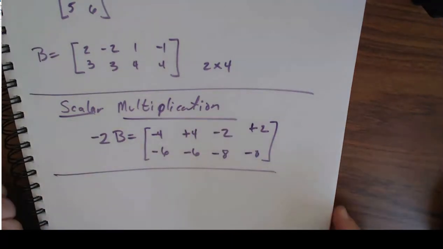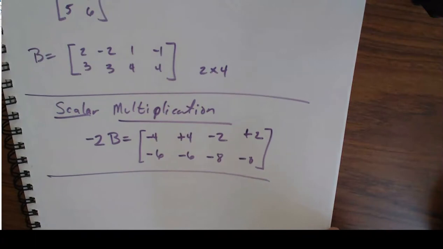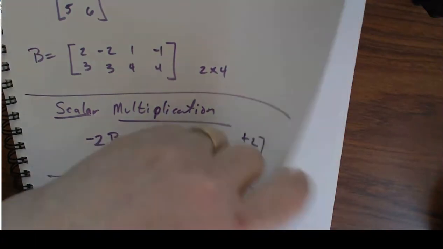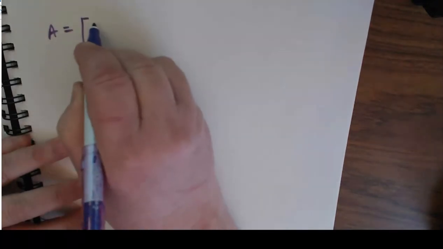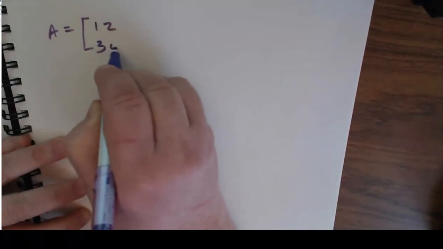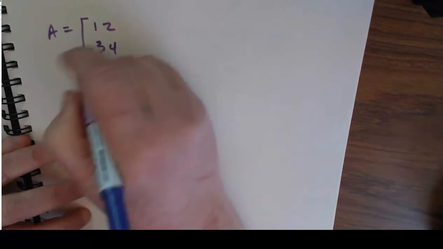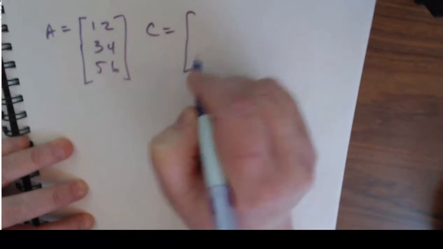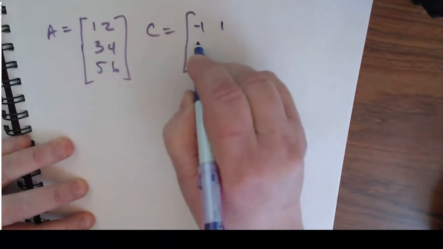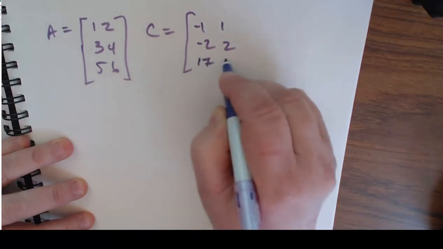When you add two matrices, you add them component-wise, so they have to be the same size. So let's say I have matrix A, 1, 2, 3, 4, 5, 6, and let's have matrix C equal -1, 1, -2, 2, 17, 6.